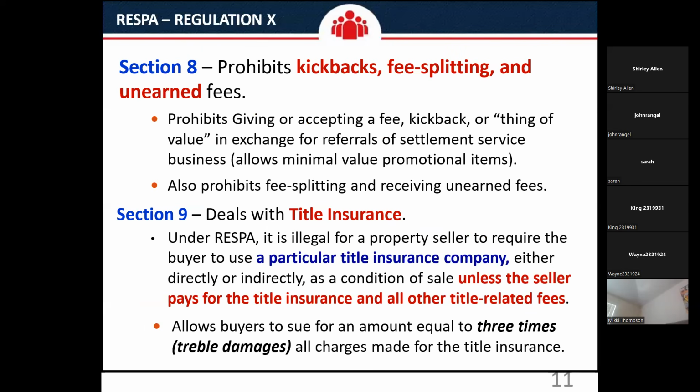Section 8 is about kickbacks, fee splitting, and unearned fees. It prohibits giving or accepting a fee, a kickback, or a thing of value in exchange for referrals of settlement service business. It may allow you to take a mug or a pen or something of that nature, but you have to govern yourself as it relates to a thing of value and whether or not you're taking a kickback. One of the things I know on the exam is that when you're talking about someone giving and accepting something for a referral, it's almost always a violation.